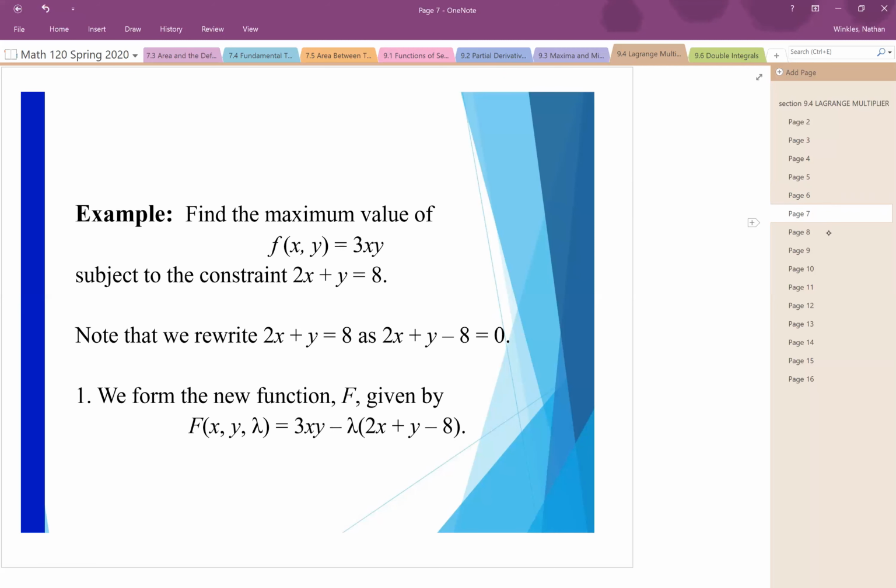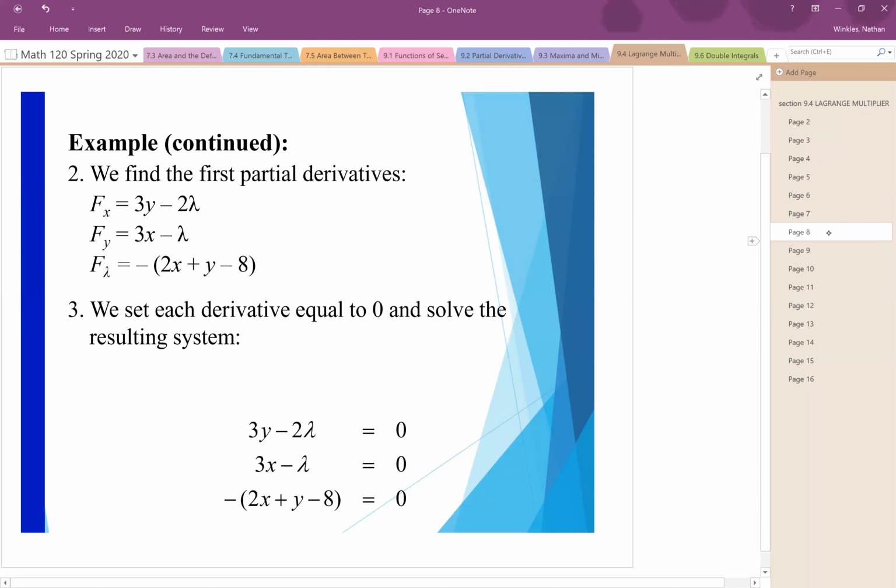Just now we're using it with this new function. It's the same setup. So we end up with 3y minus 2 lambda is f sub x, 3x minus lambda is f sub y, and the negative of (2x plus y minus 8) gives us f sub lambda. So using that same theory as before, the second equation can give us lambda equals 3x.